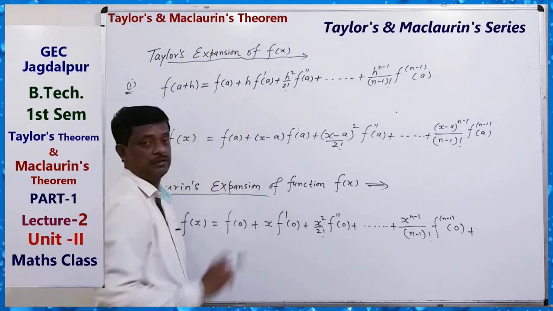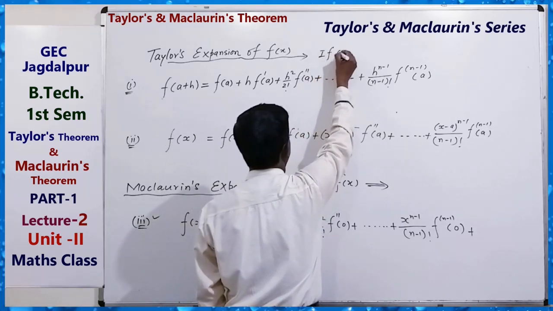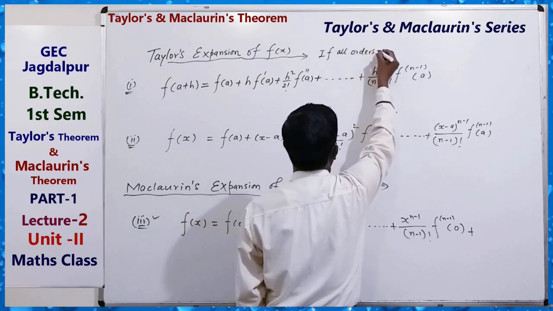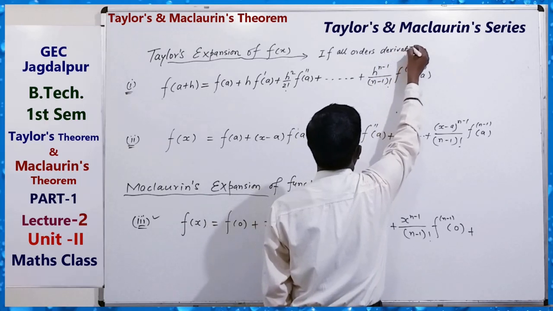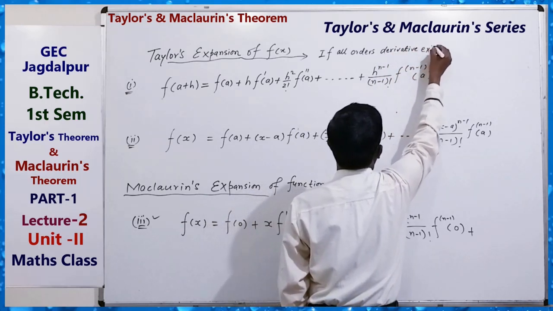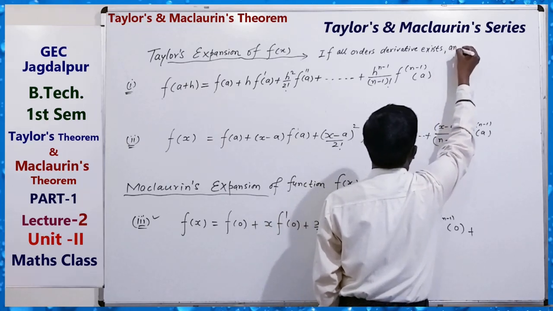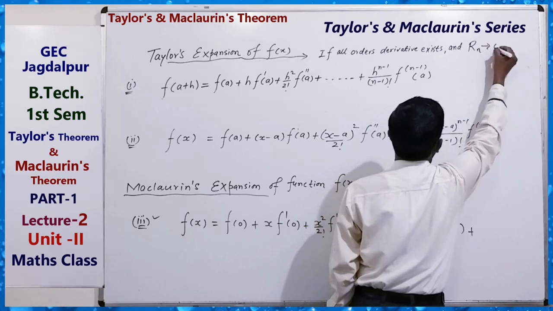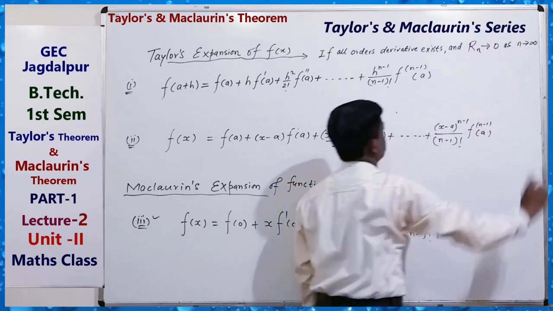It is possible if derivatives of all orders exist and Rn tends to 0 as n tends to infinity.